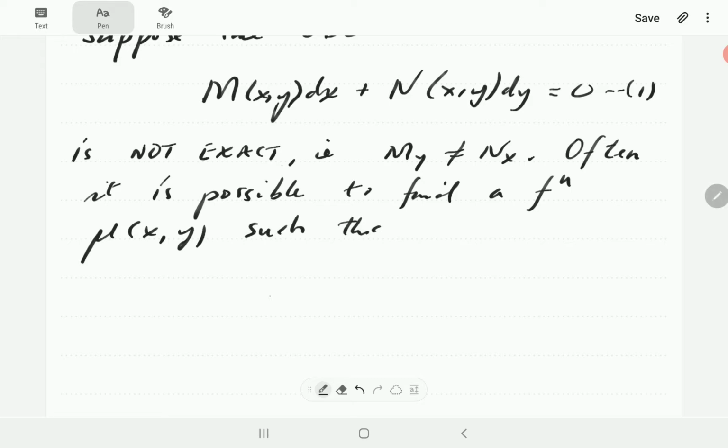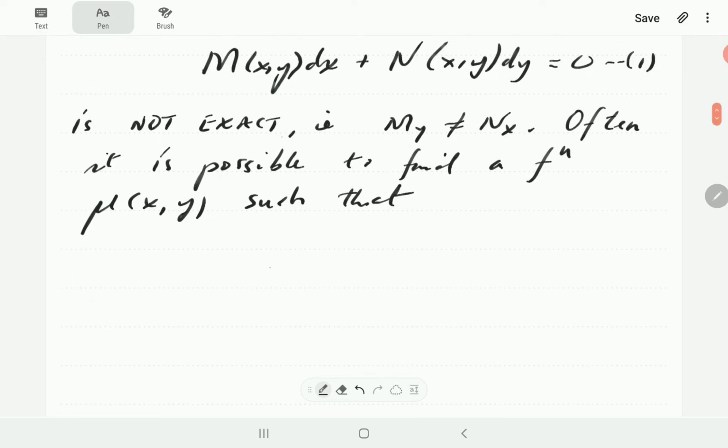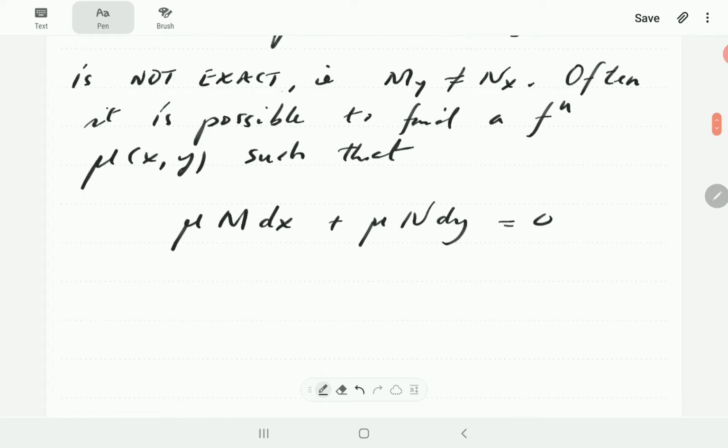Okay, so often it is possible to find a function mu such that if we multiply, so mu times M dx plus mu times N dy equal to 0, is now exact.